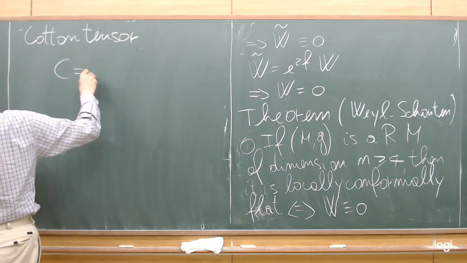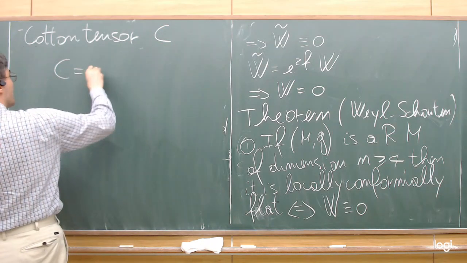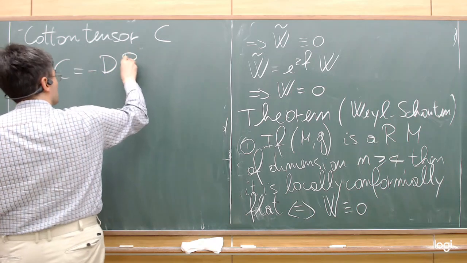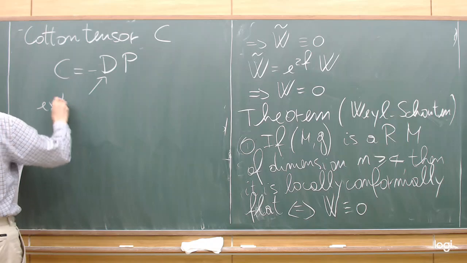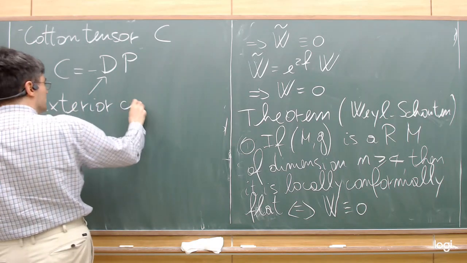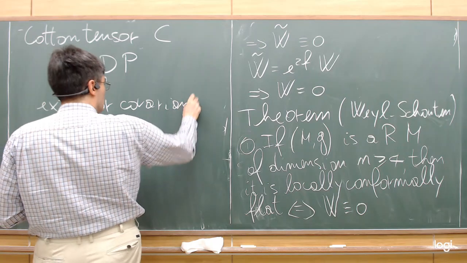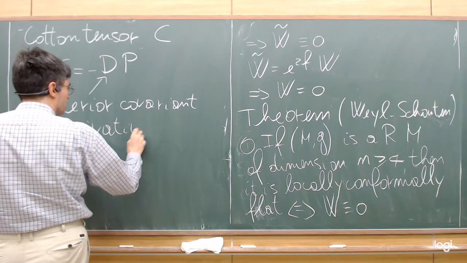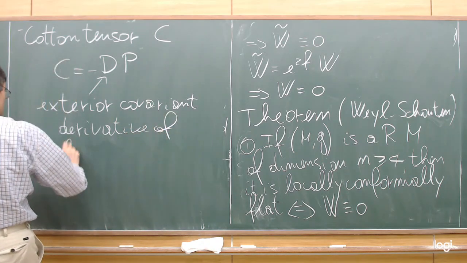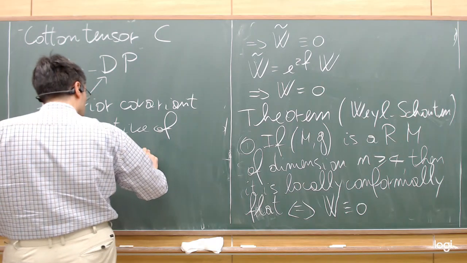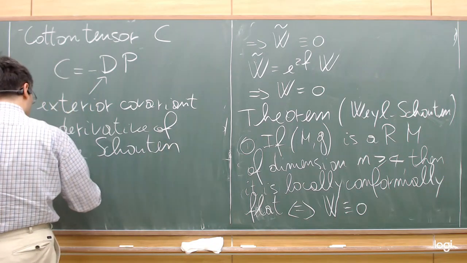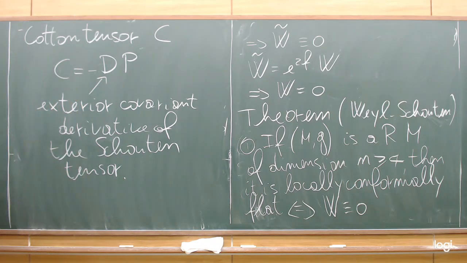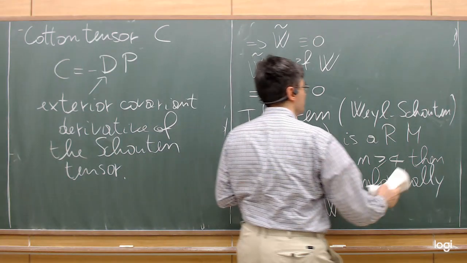C is defined as minus the exterior covariant derivative of the Schouten tensor. I want to recall the definition of the exterior covariant derivative.